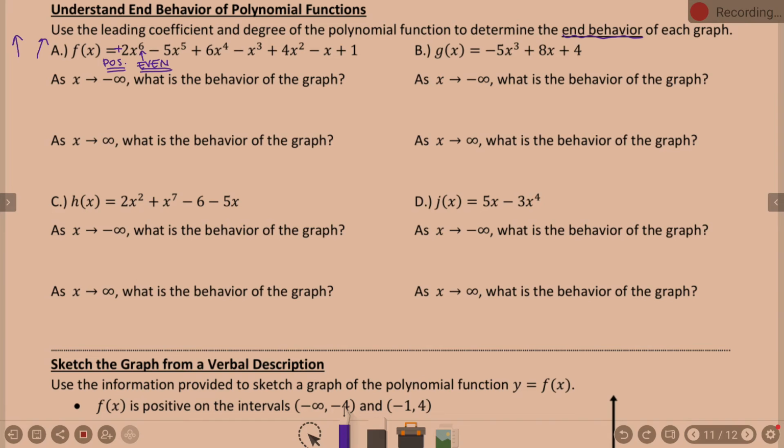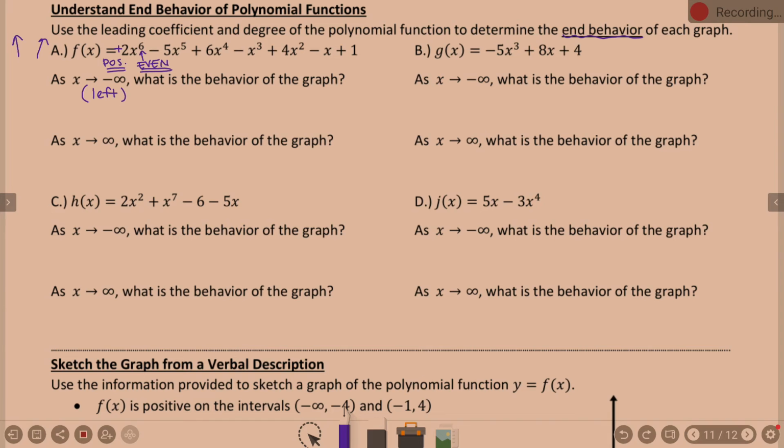This first question says, as x approaches negative infinity. So which direction are we talking about here? As x goes to the left. Okay? When it says as x approaches negative infinity, as your graph goes to the left, where are my y values going? They're going up. Where is up?